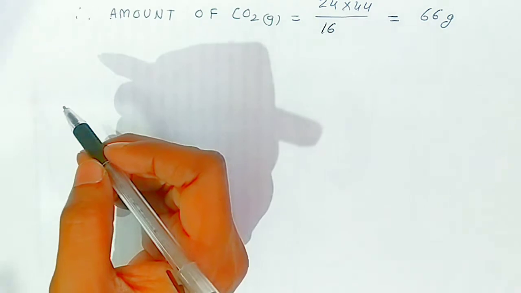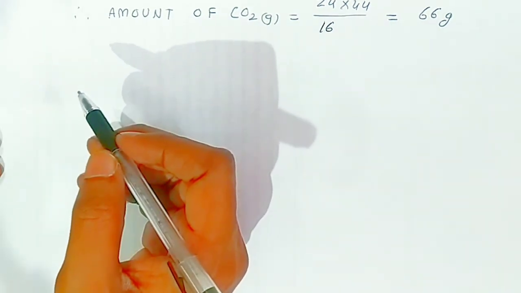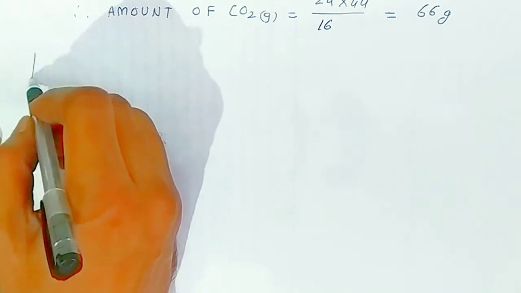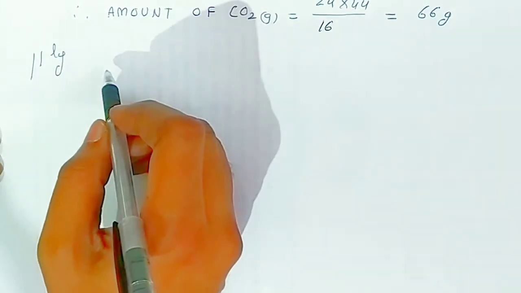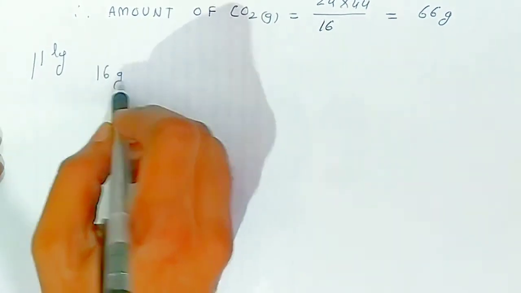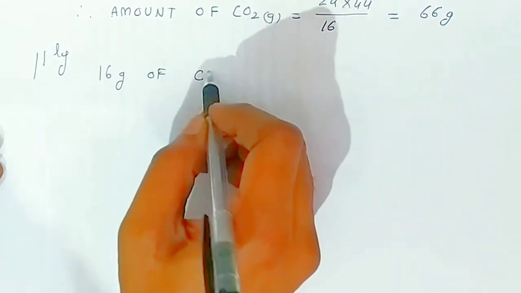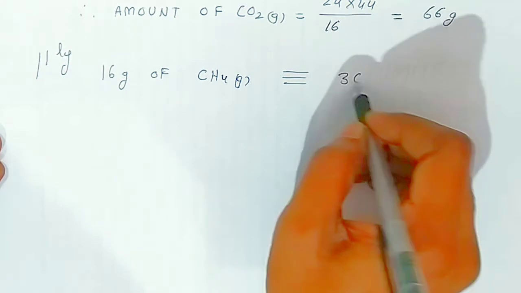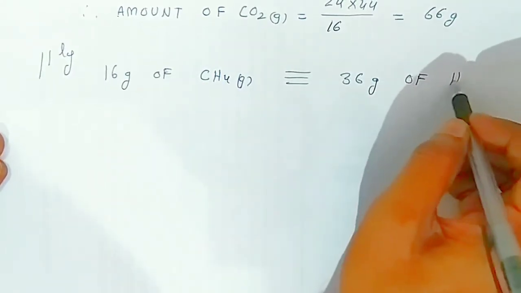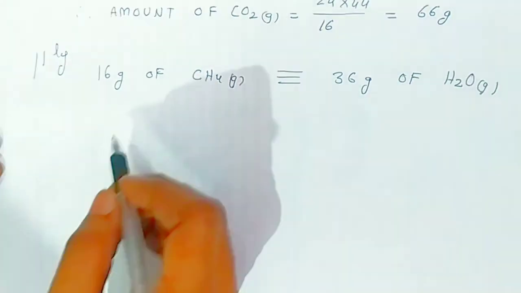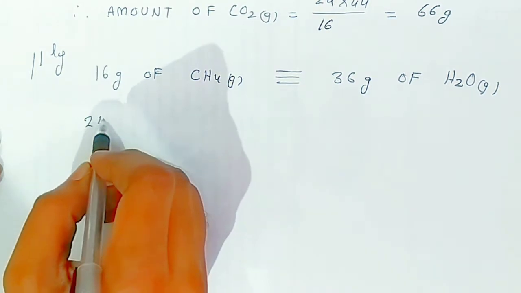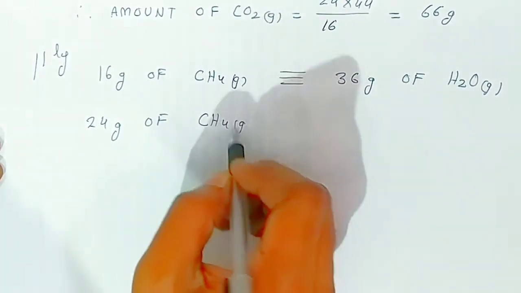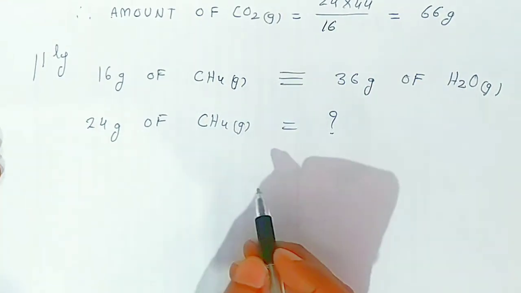Similarly, 16 gram of methane gas produces 36 gram of water vapor. So what about 24 gram of methane gas, how much will it produce? In the same way, you have to do that.